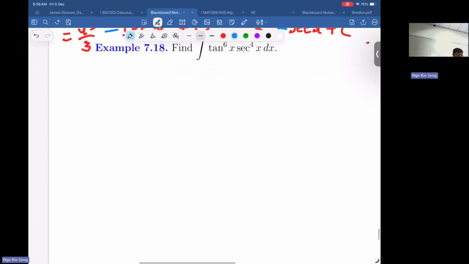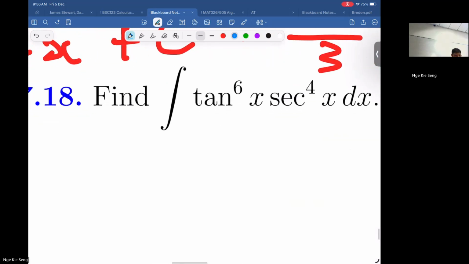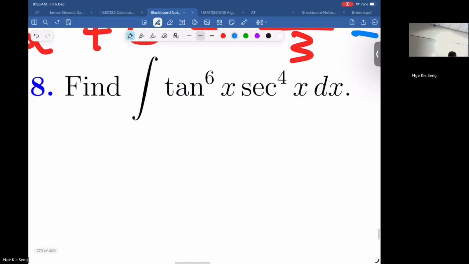I'll let you try this question. Again, here we have the function with its derivative appearing together, but now the power is even. So let's see what you can do with this.